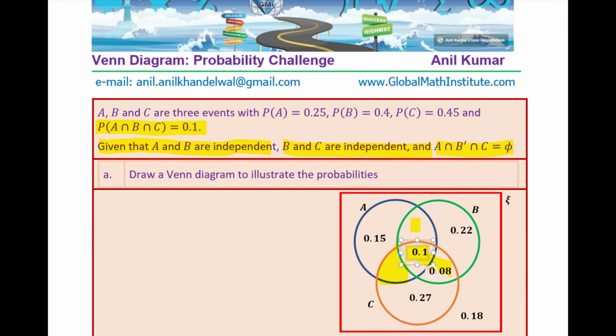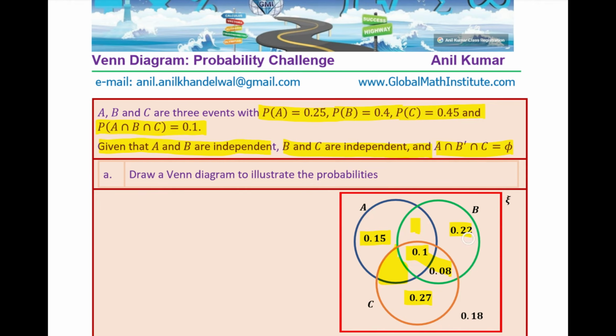Now, once you work out all the intersections as shown here, you can move outside. Look into the probability of A. Whatever is given, take away that, and the remaining will give you the probability which is only A. And then the probability of only B and only C can be calculated as we discussed.